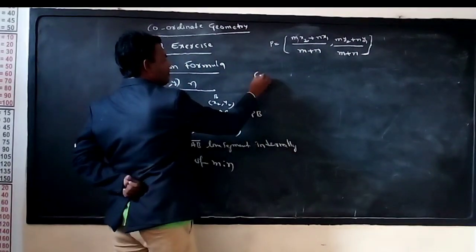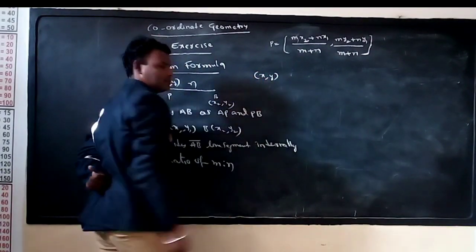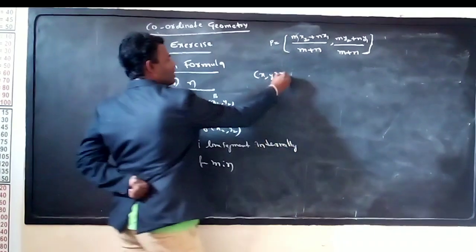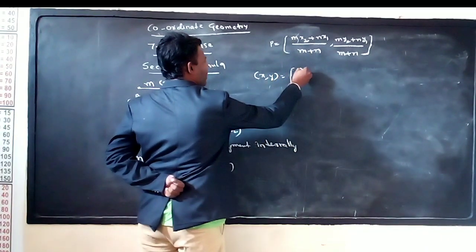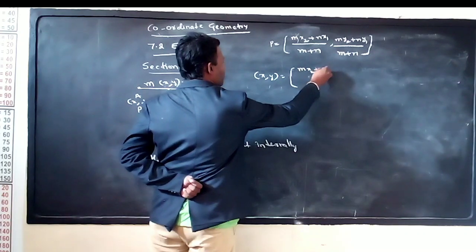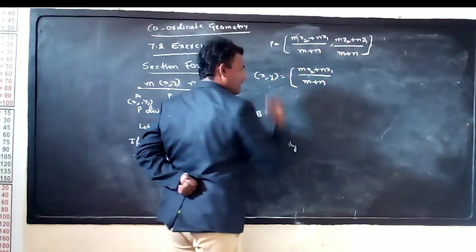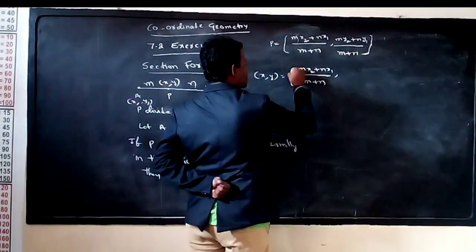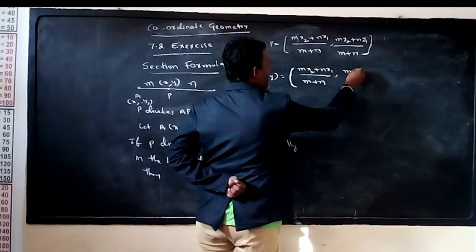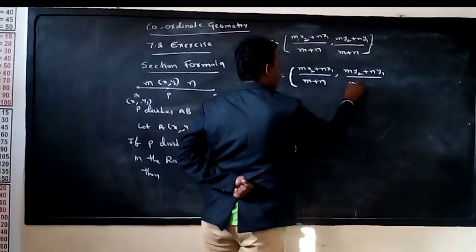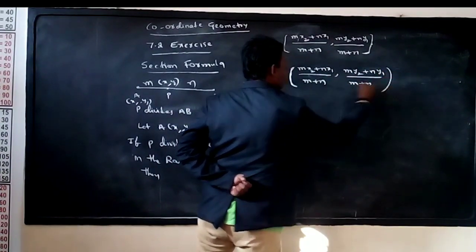So we can write P means (x, y). The coordinates of P (x, y) are equal to ((mx2 plus nx1) by (m plus n), (my2 plus ny1) by (m plus n)).